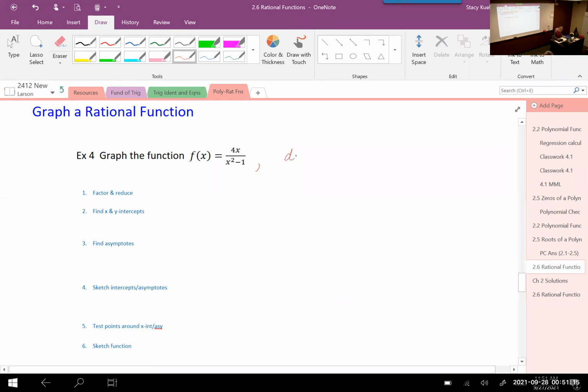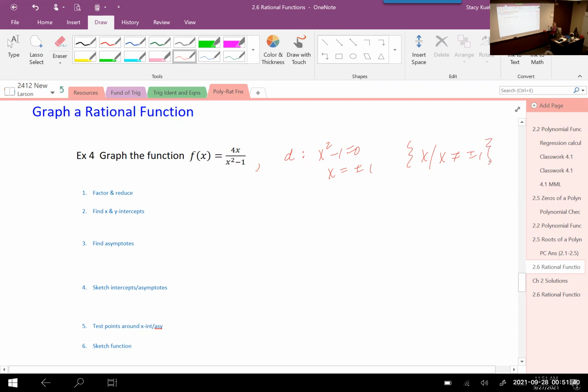All right, so the domain is where x squared minus 1 is equal to 0, or x is equal to plus or minus 1, right? That's the domain. x cannot be equal to plus or minus 1. Those are the numbers not allowed.